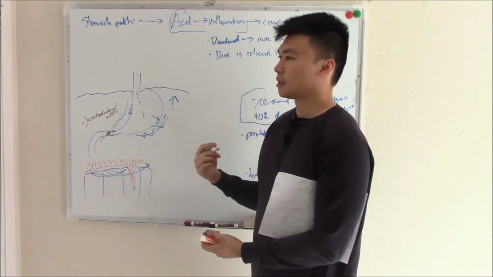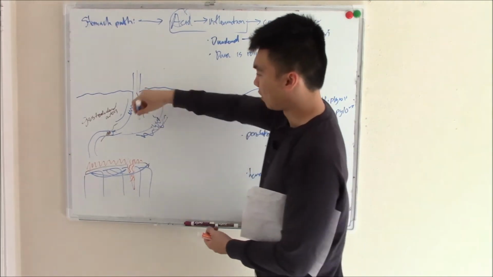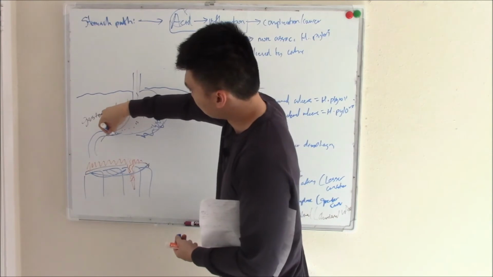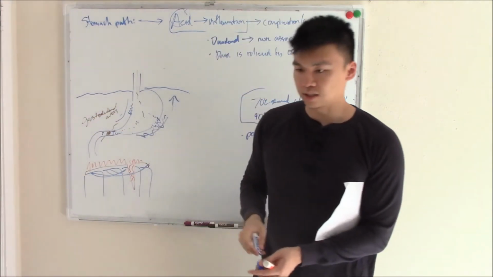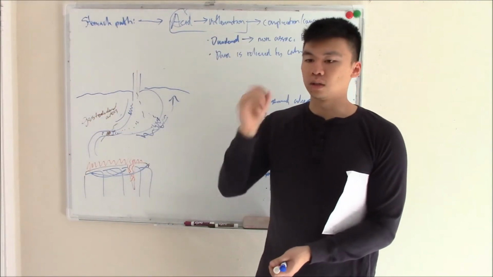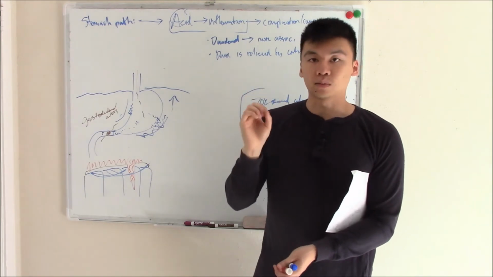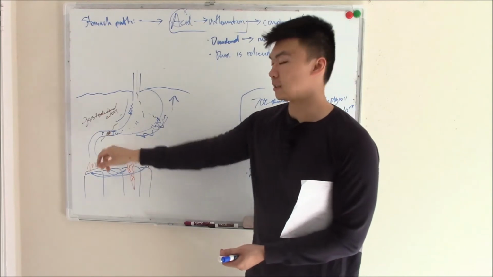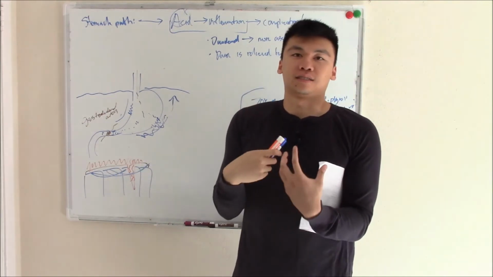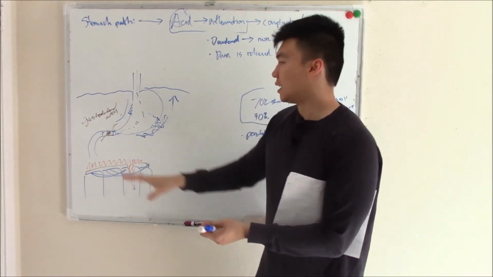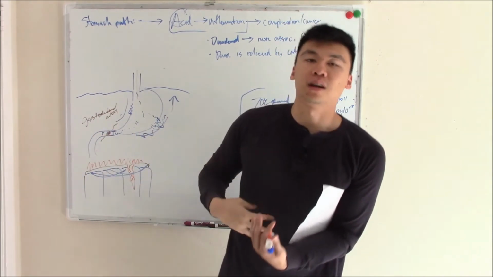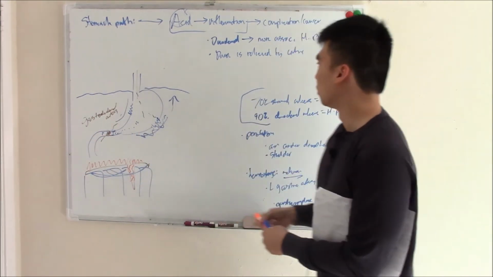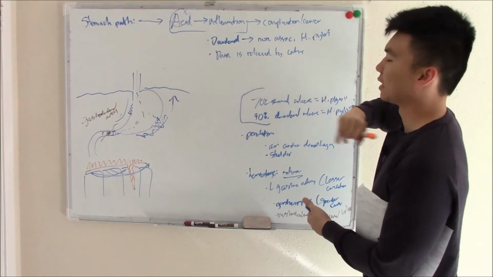And so stomach ulcers get worse with food. However, once that food goes to your duodenum, what does your duodenum do? Your duodenum releases a lot of enzymes to help break that food down. It also releases a lot of bicarb to neutralize the acid. That bicarb is like soothing. It's like a saving grace. That bicarb will neutralize the acid, make things better. You get relief with food. So pain is relieved by eating in duodenal ulcers.